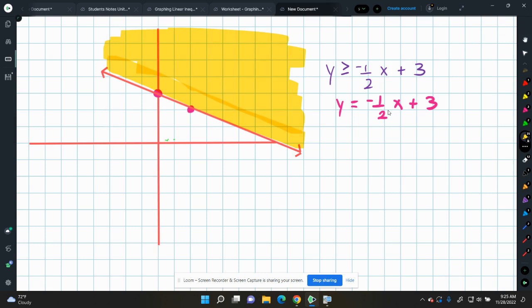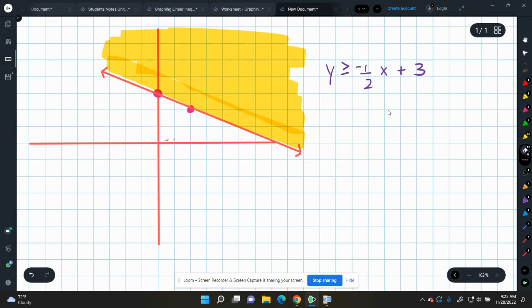Okay? This is what tomorrow's quiz will be on. So when you have a problem like this on the quiz, this is how my grading will be. I'm going to split it into parts. You'll receive points for graphing the correct line, points for dotted or solid, and then points for the shading.